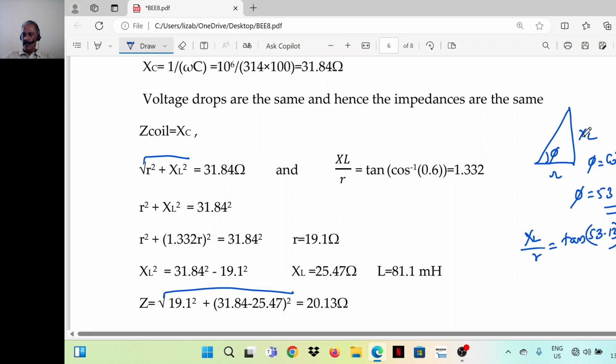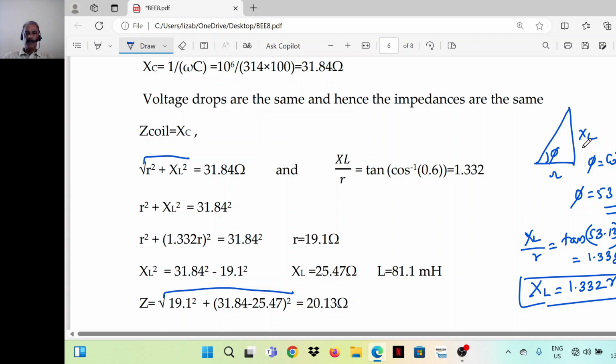So tan phi is XL by R. So XL by R is equal to tan 53.13, that is 1.332. So one relationship you can derive from this: XL is equal to 1.332 into R. This is one relationship.